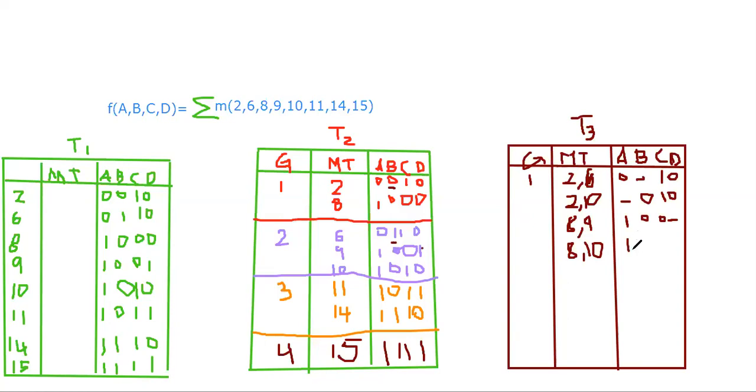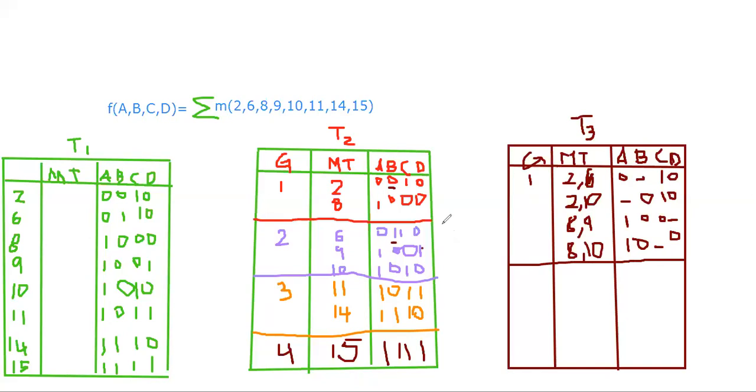It would be 1 0 dash 0. So this is group 1, where we have grouped group 1 and group 2, and we have formed the dual group.